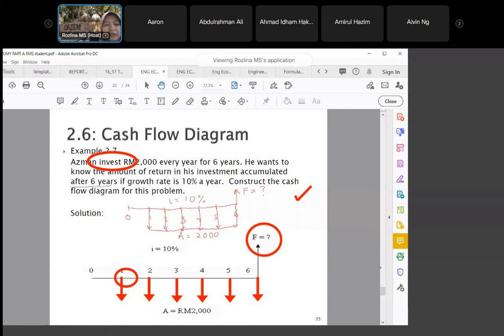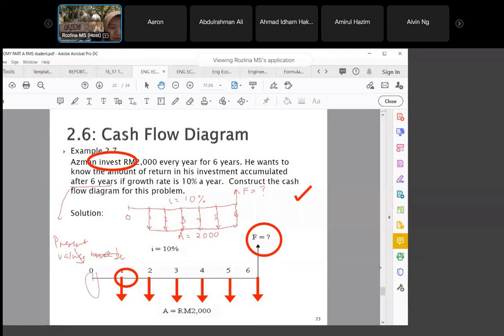If the question asks, this one is return of investment. The question is quite different. Maybe they ask what is the present value. Must be not possible, because this is about investment, he wants to see the return. So this one is reversed. Earlier, with the upward one, we could talk about the present value that has to be paid. This one is reversed.